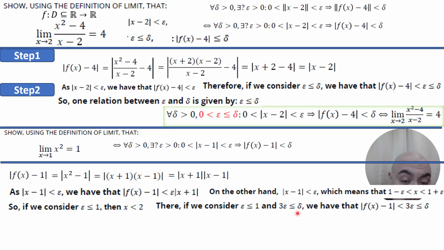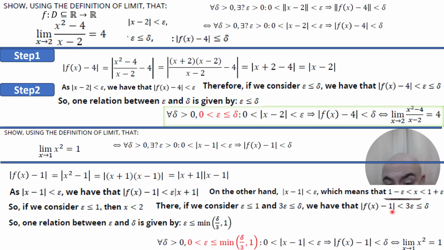So the relation between epsilon and delta is epsilon less than delta over 3, as you saw. So from this relation, I can now have the definition in front of us: for every delta greater than 0, there is epsilon greater than 0 and less than the minimum of delta over 3 and 1, so |x − 1| less than epsilon will lead to the function minus the limit being less than delta, which leads to the limit existing and being equal to 1.